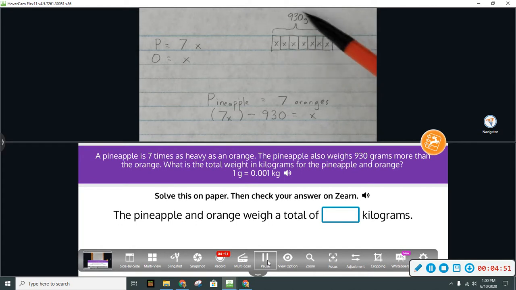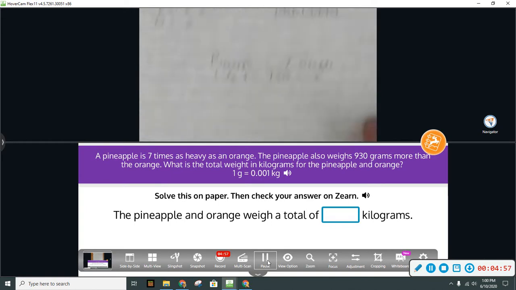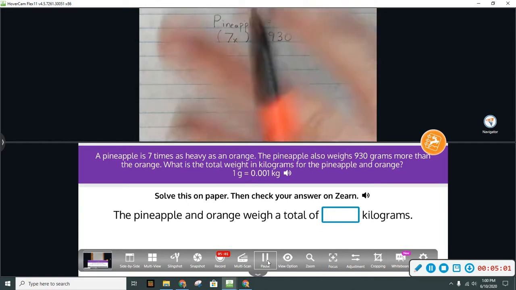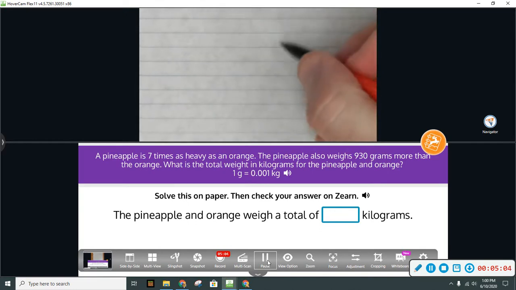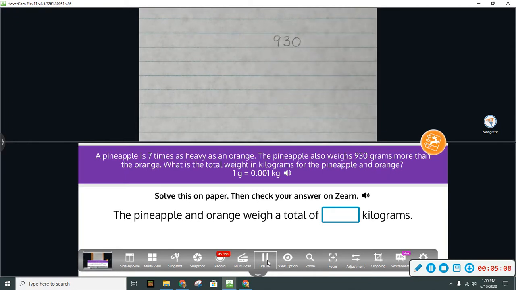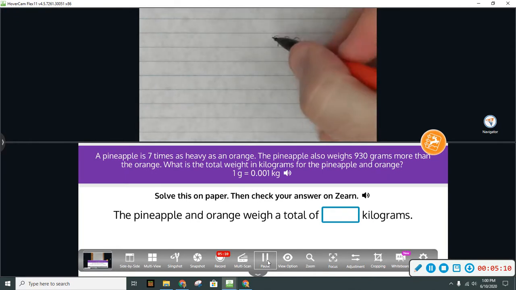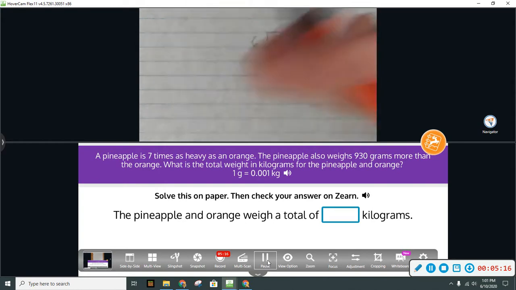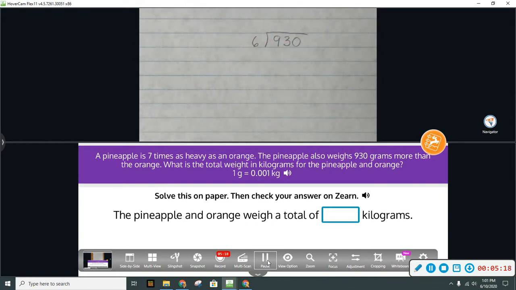Looking at it another way, 930 grams should be the same as 1, 2, 3, 4, 5, 6 oranges. So we're going to have to do a little division now. I know we're kind of all over the place here. There's a lot to think about. 930 grams. This is what we're going to take away. That's equivalent to 6 oranges. Because when I take it away from the pineapple, there's the same weight as 1 orange left.